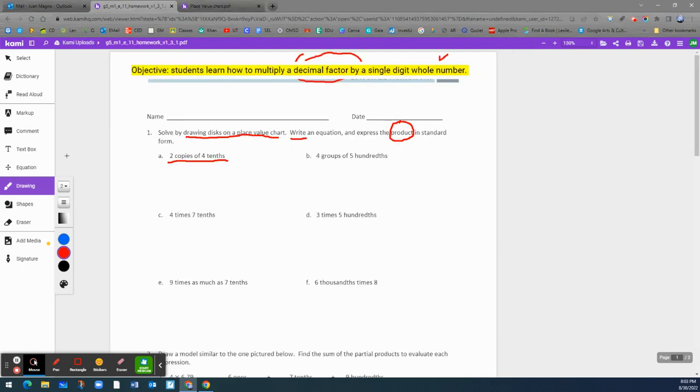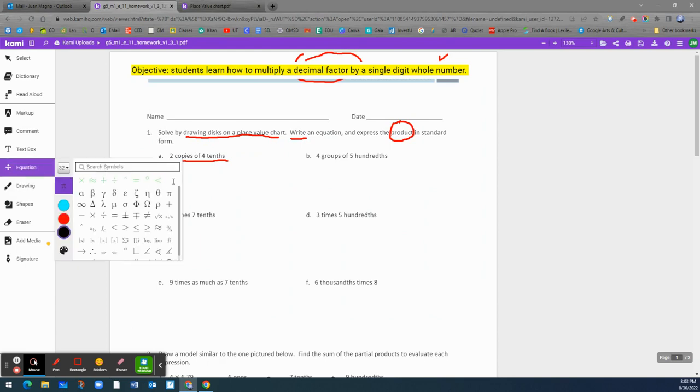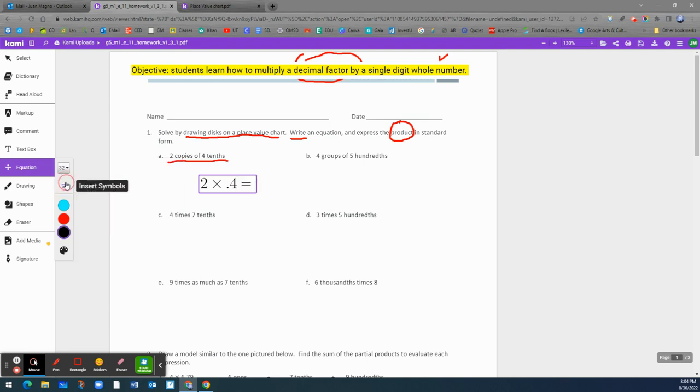So now let's write this as an equation. What that is saying is that you have 2 copies, and instead of writing the word copy, we're going to use the multiplication symbol, because copies represents multiplication. And then we're going to write 0.4 because that's the second factor. So now 2 times 4 equals 8, and the answer is 8.